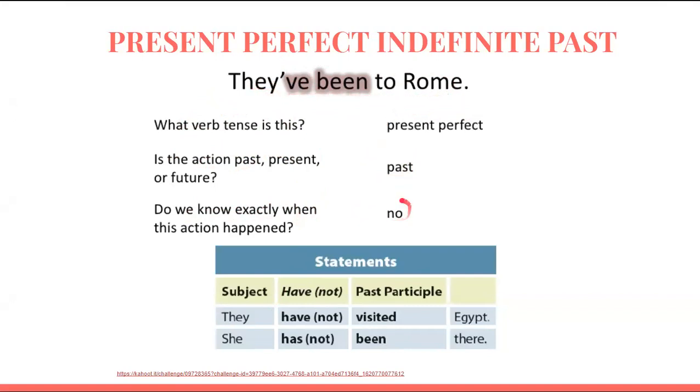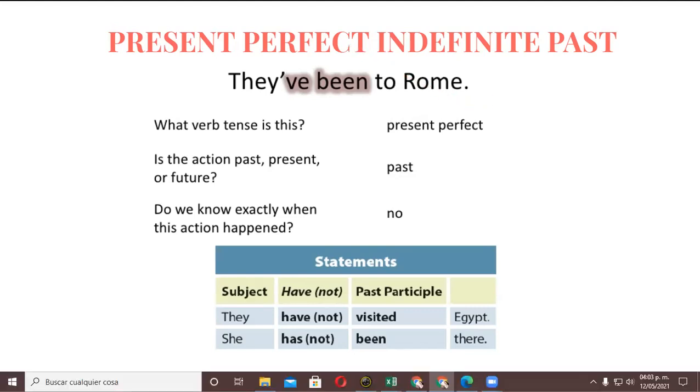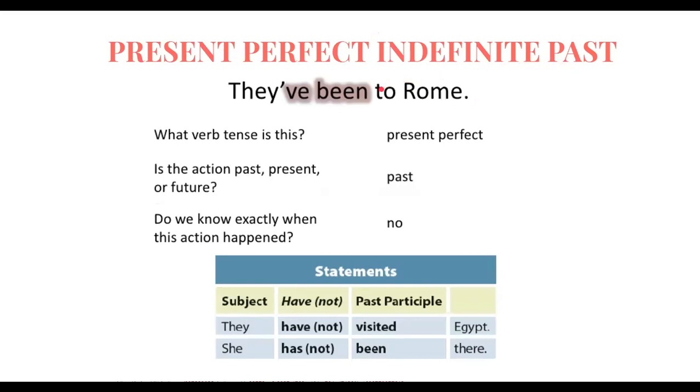We don't know exactly because here we are not adding further information, right? We are just saying that they have been to Rome. We don't know when. We don't know if they are still there. So this is whenever we are referring to the indefinite past, whenever we don't know when this action happened.